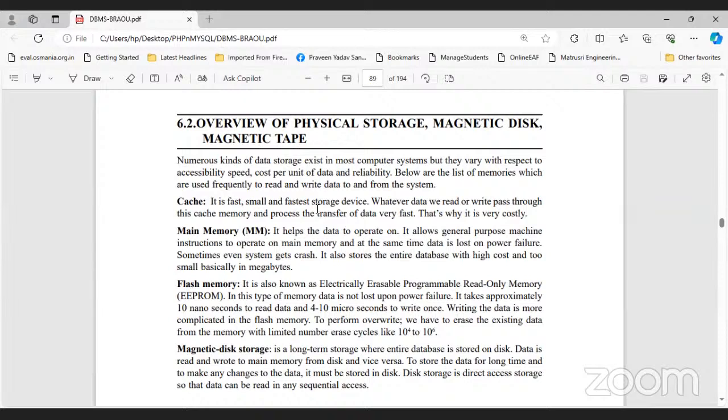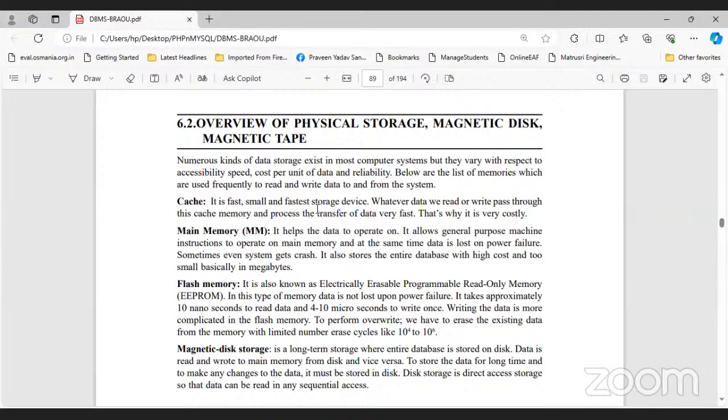It is faster than the main memory. Why is it faster than the main memory? Listen. Cache memory is a buffer.